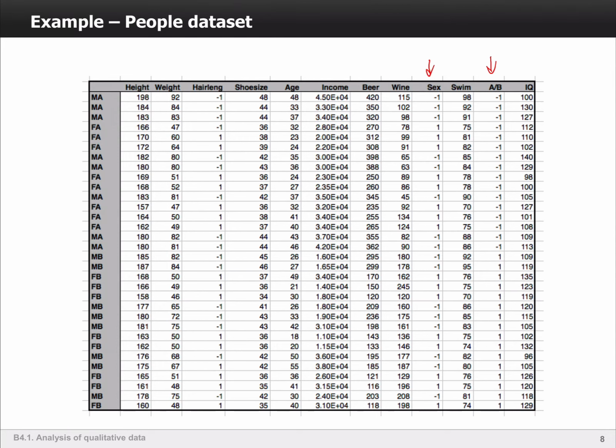Then we also had one variable that we can treat as a qualitative variable. It's hair length. In this case, of course, order has a meaning, because -1 is smaller than +1, and the short hairs are indeed smaller than the long hairs. The length is smaller. So in this case, we can talk about qualitative variables that can be ordered.